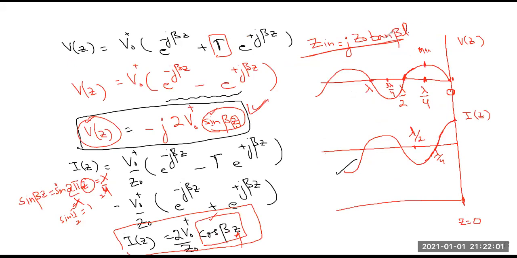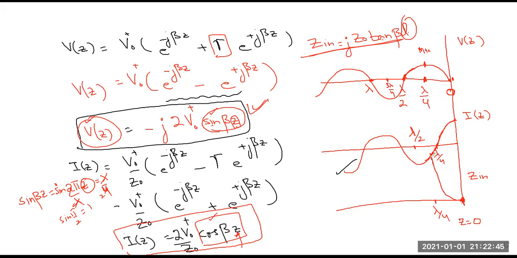L equal to 0 means tan 0, and tan 0 means 0. So at this point, this is now Zin, the impedance will be 0. Then as you move away, or in other words as L increases, the tangent function will increase. So this function will start increasing. You will find that as soon as L becomes equal to lambda by 4, tangent becomes 90 degrees, and tan 90 is infinity. So impedance becomes infinite at lambda by 4.